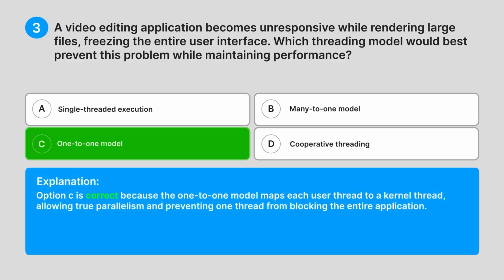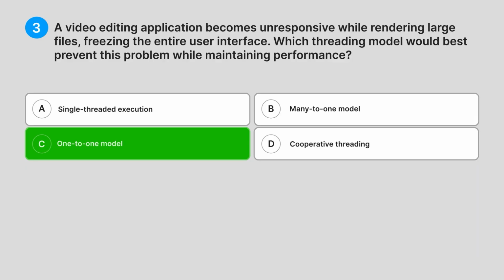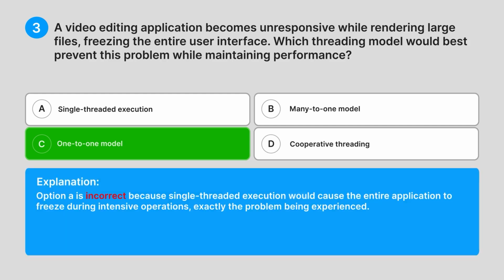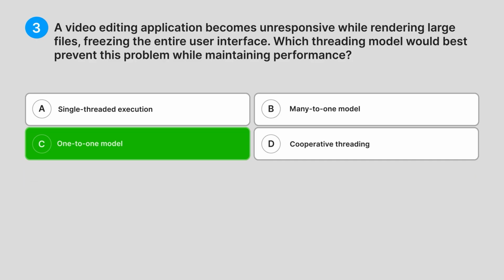Explanation. Option C is correct because the one-to-one model maps each user thread to a kernel thread, allowing true parallelism and preventing one thread from blocking the entire application. Option A is incorrect because single-threaded execution would cause the entire application to freeze during intensive operations, exactly the problem being experienced.